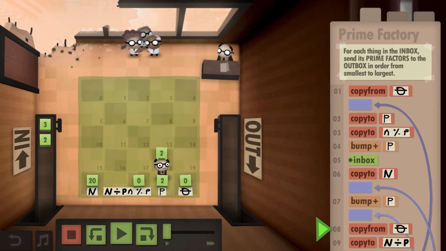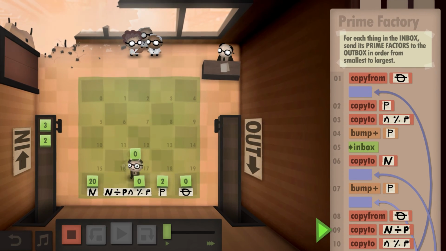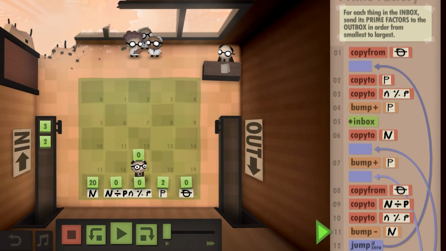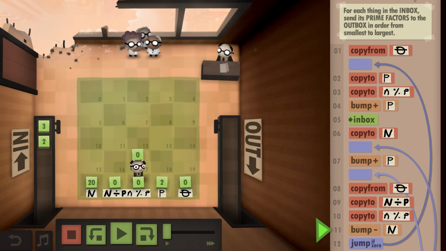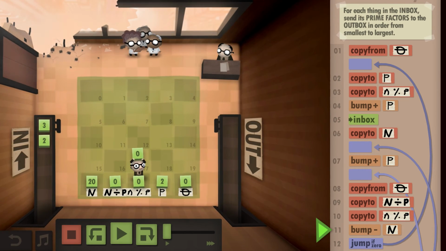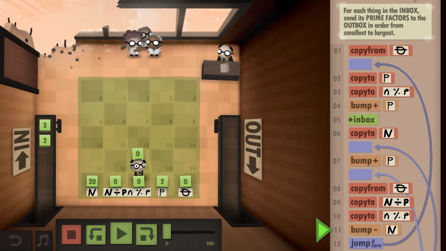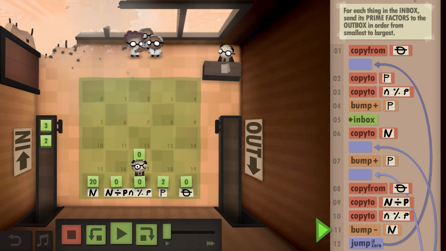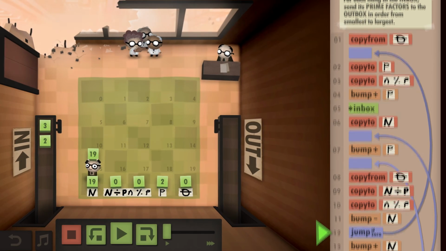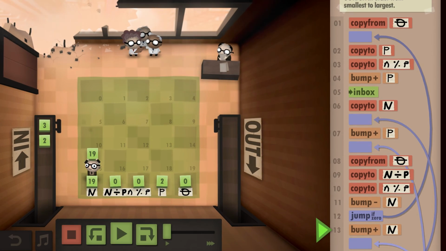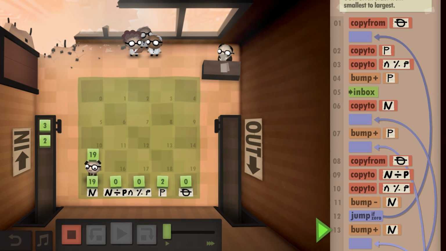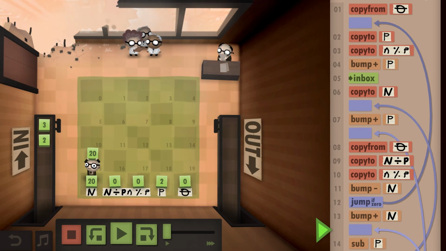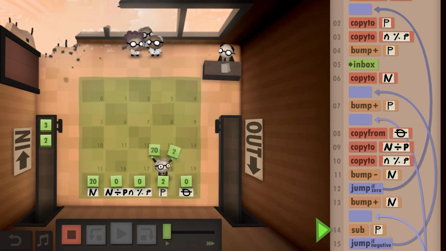Anywho, we're grabbing the 0, copying it over to the n divided by p and n mod p, which is what that percent sign means. It is modular division or remainder. You're getting the remainder of a division value instead of the actual division itself. But yeah, we're going to decrease the value of n. Since the n is not 0 anymore, we need to increase it back up and then subtract this value from p.